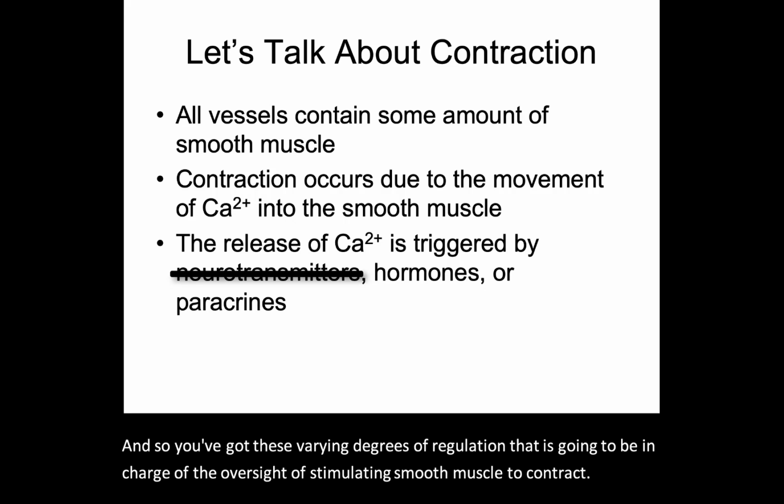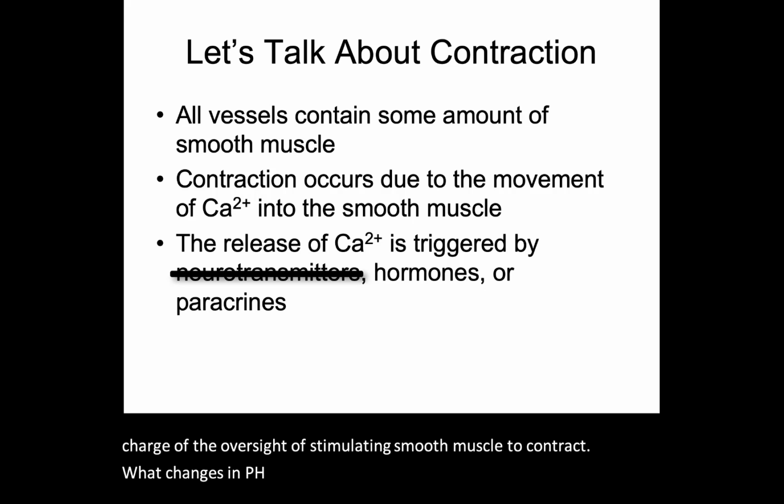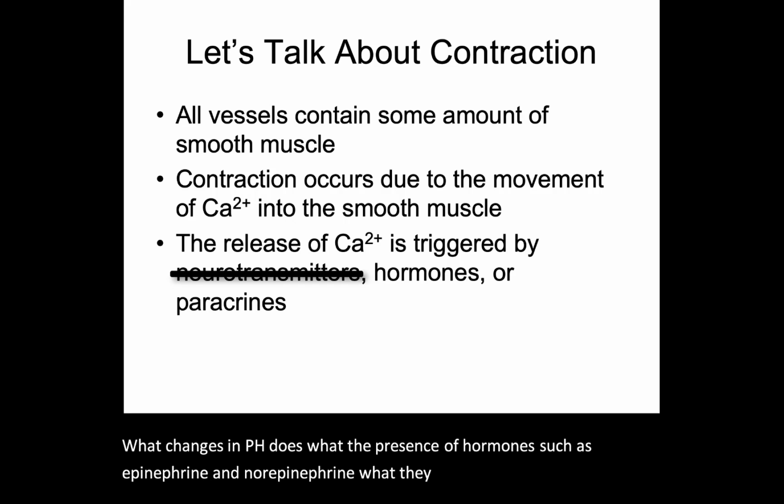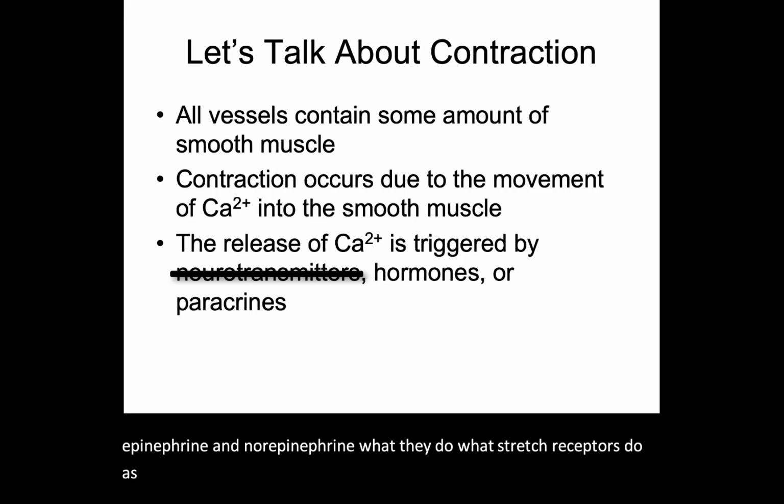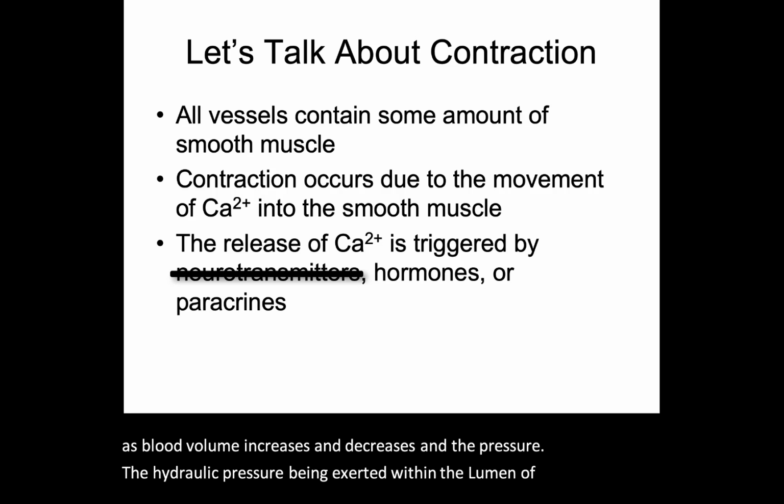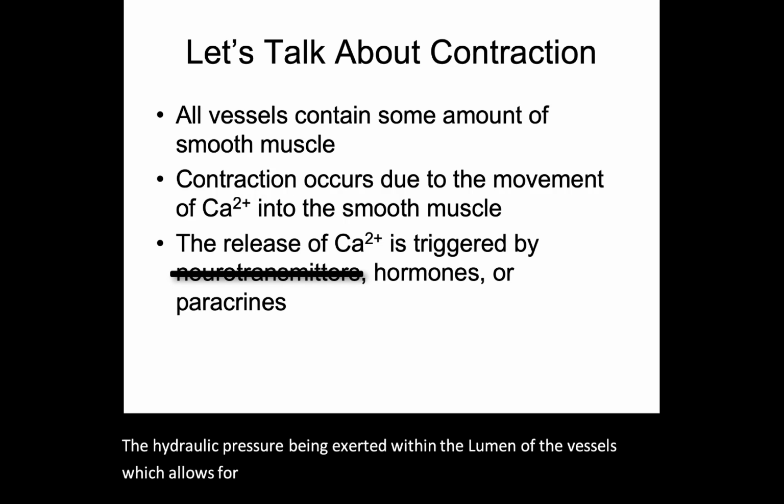What changes in pH do, what the presence of hormones such as epinephrine and norepinephrine do, what stretch receptors do as blood volume increases and decreases, and the hydraulic pressure being exerted within the lumen of the vessels, which allows for expansion and contraction.